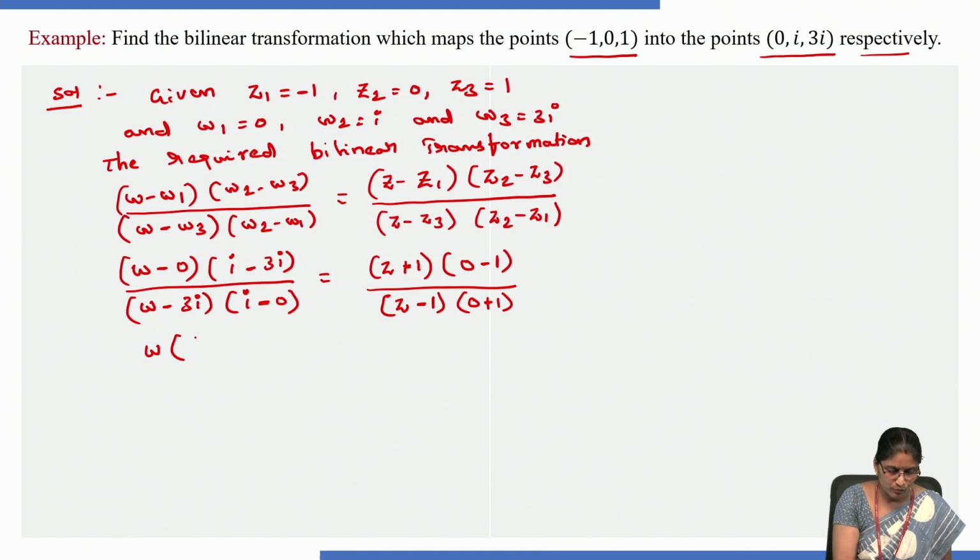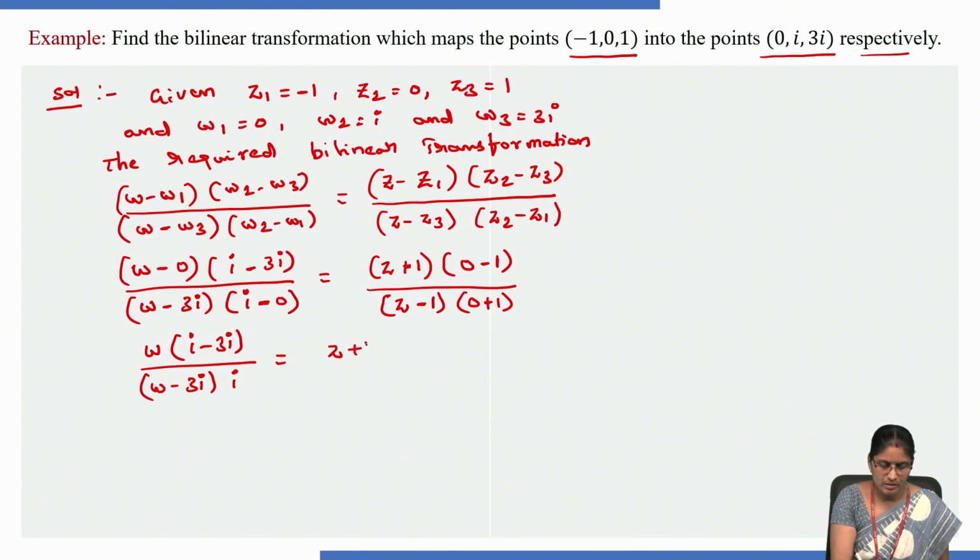So w into i minus 3i by w minus 3i into i is equal to (z plus 1)(minus 1) by (z minus 1) into 1.